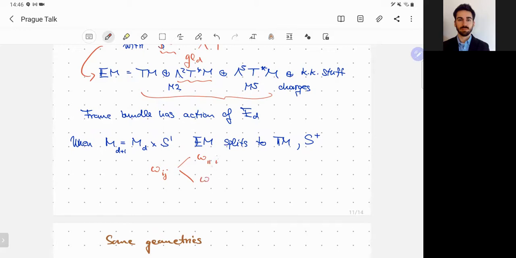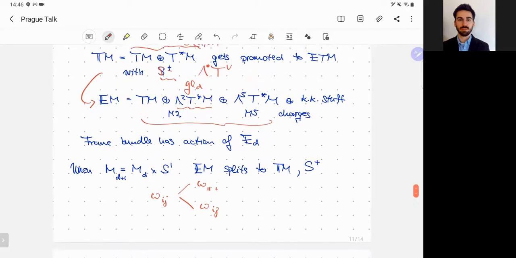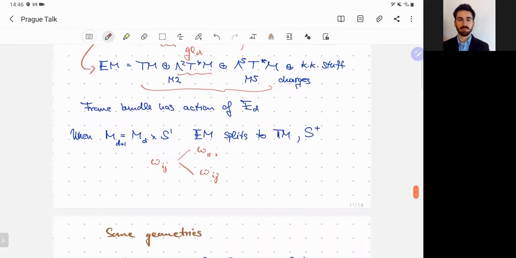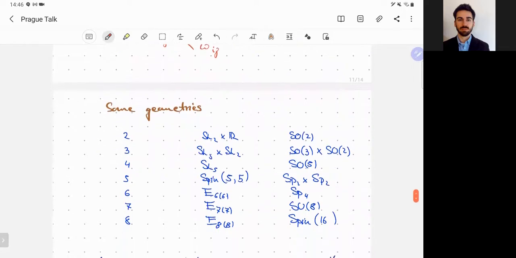Or if I keep all the indices within my 10-dimensional space, I get the 2 form down in 10D. And likewise for these guys. It's not that simple to do in short time, but you can pretty much reconstruct everything up here. Right. So that's what I said.